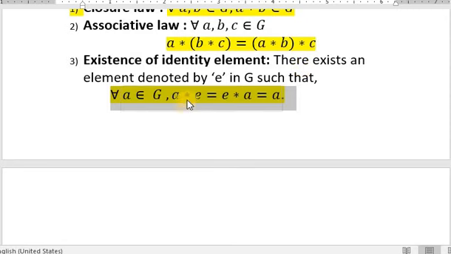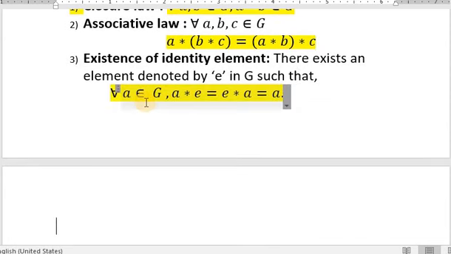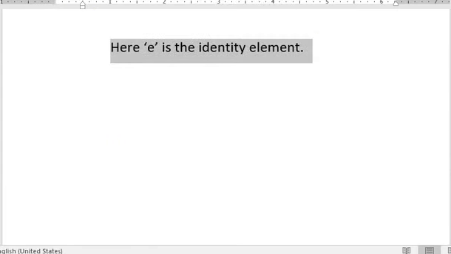There exists an element denoted by E in G such that for all A belongs to G, A star E is equal to E star A is equal to A. That means if any element of the group G is operated with the identity element, that element remains the same. So here E is the identity element.